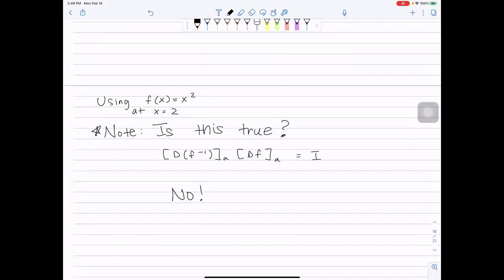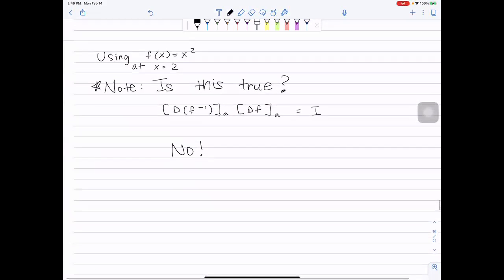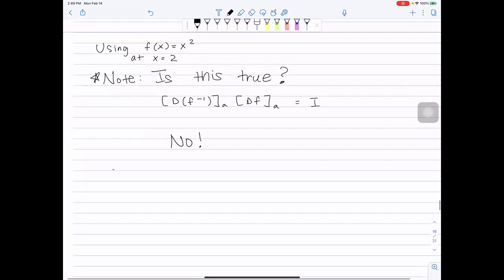And we can see why. This is why your points of evaluation matter. Using our last example, f of x equals x squared and x equals 2, we can try to see if this works. So d of f inverse at a times df at a.